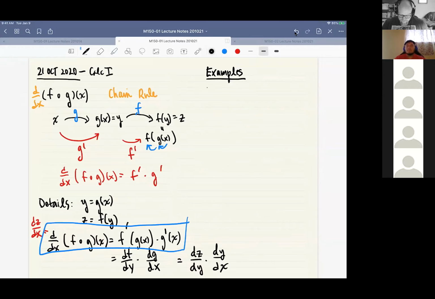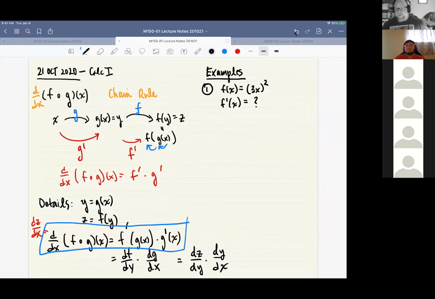So first example. Consider the function f of x that's 3x squared. You don't need to use the chain rule to calculate the derivative of this, but you can, and I want you to use the chain rule.